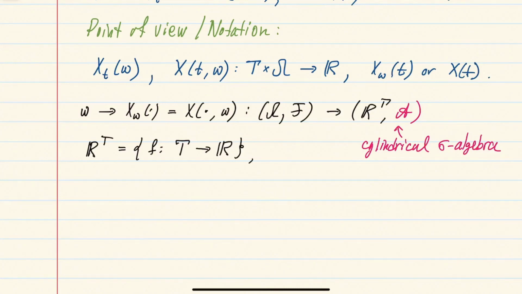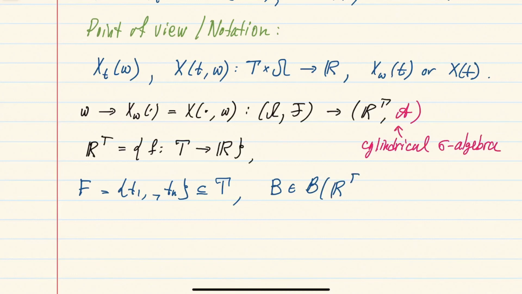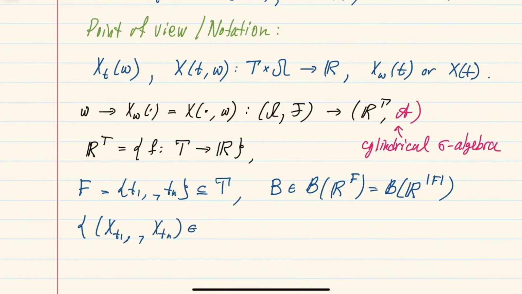So for example, if we take some finite subset of indices, let's say t_1, ..., t_n, in a finite subset F of this index set T, and then we can consider some Borel set B on R^F, which is simply R^n when n is equal to the cardinality of this set F. Then the event that (X_{t_1}, ..., X_{t_n}) belongs to this Borel set is a measurable event, right?